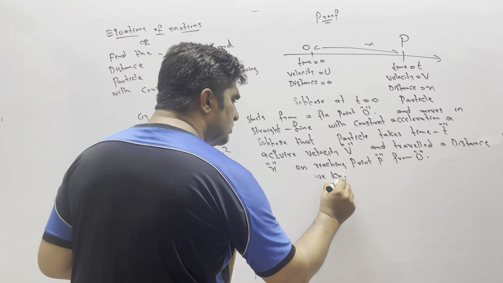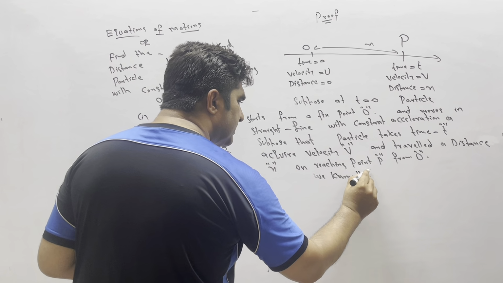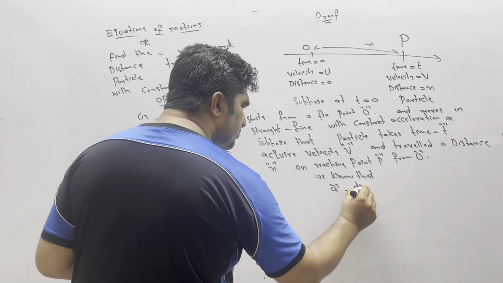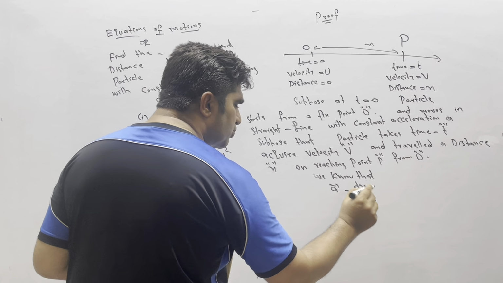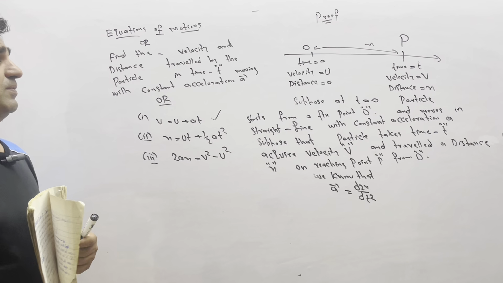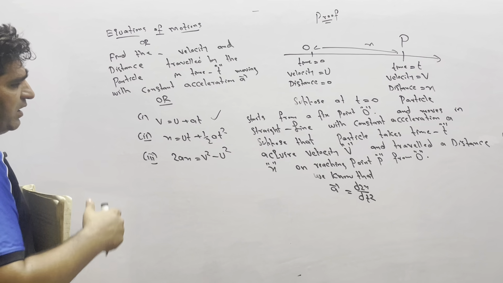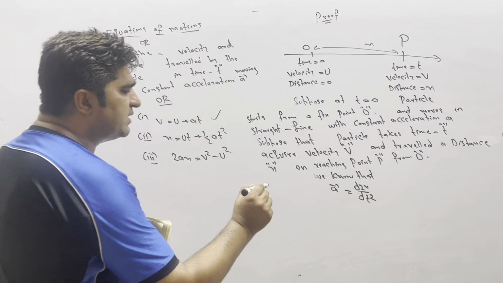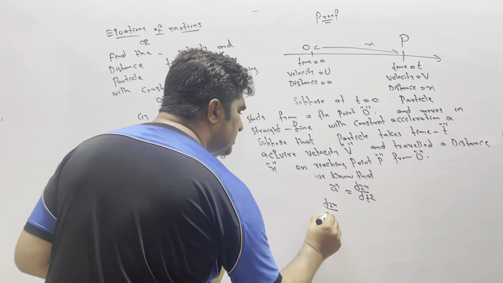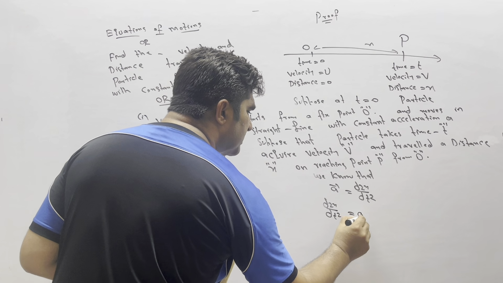Now, we know that a is equal to d2x over dt square. When I started my lecture, I told you that acceleration is equal to d2x over dt square. You can write also like this: d2x over dt square equal to a.